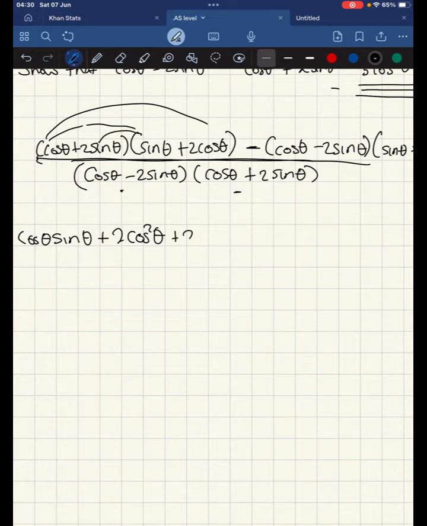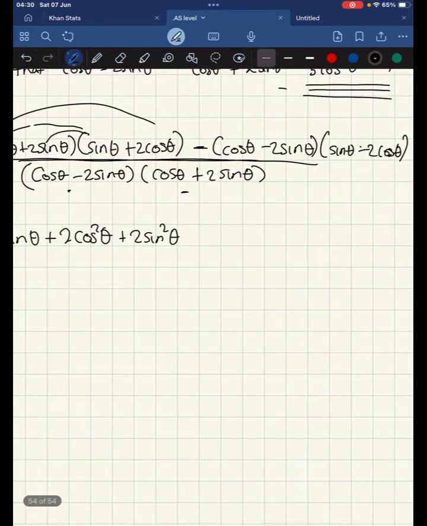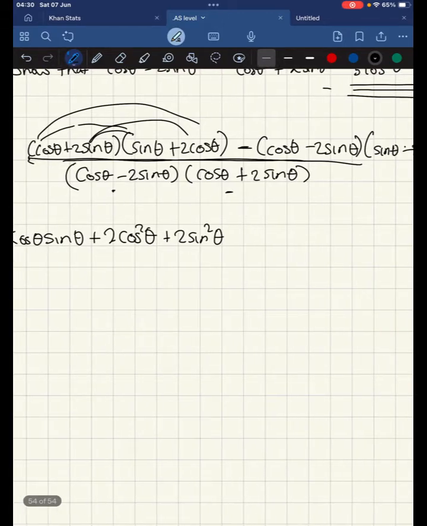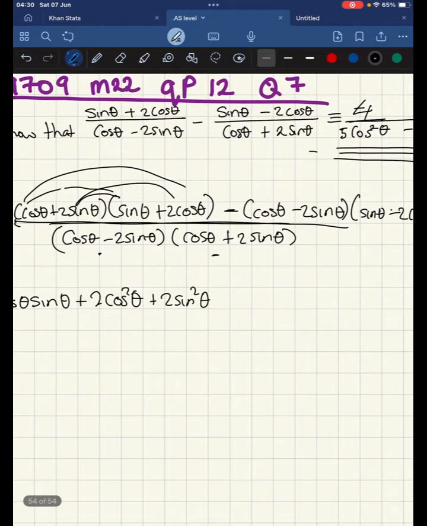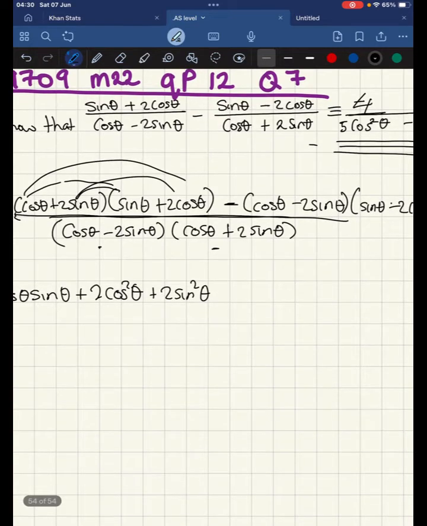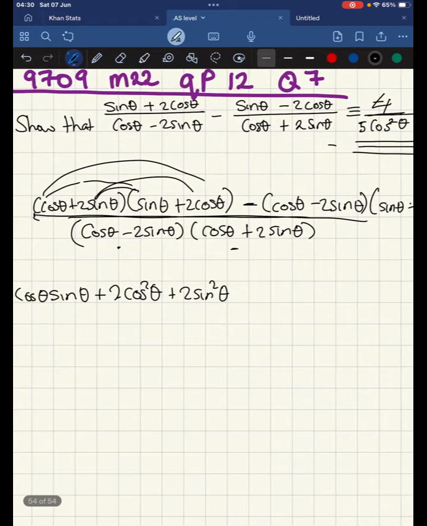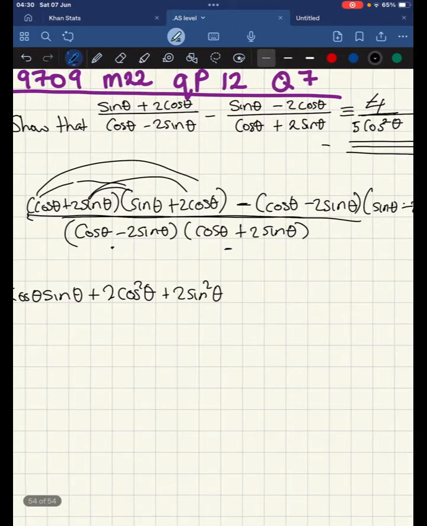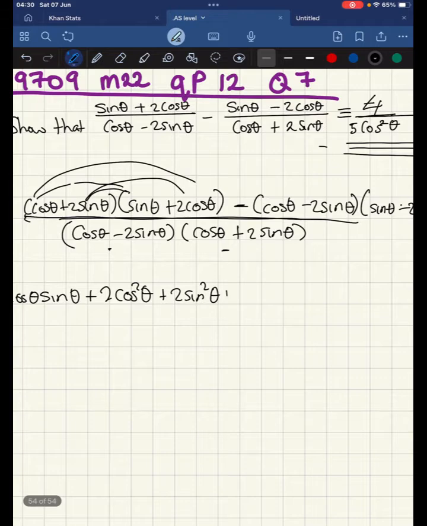This is plus 2 sine squared theta. Okay, and then we do that one. This becomes 4 sine theta cos theta.